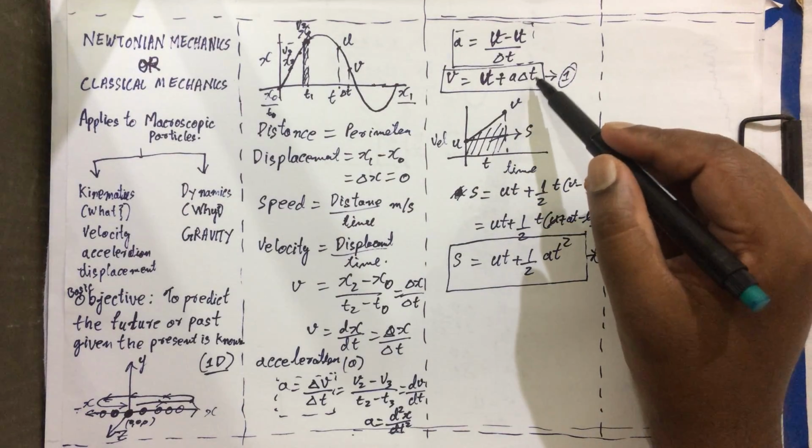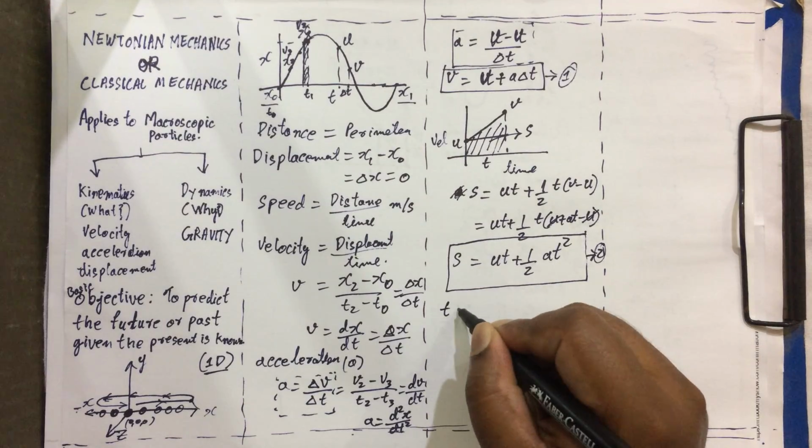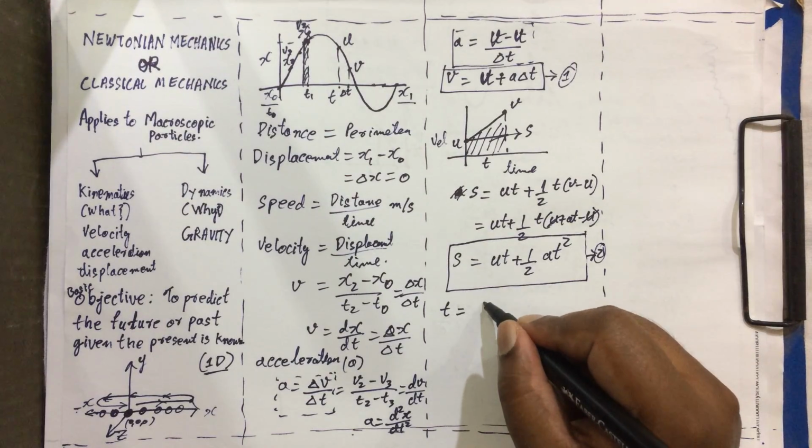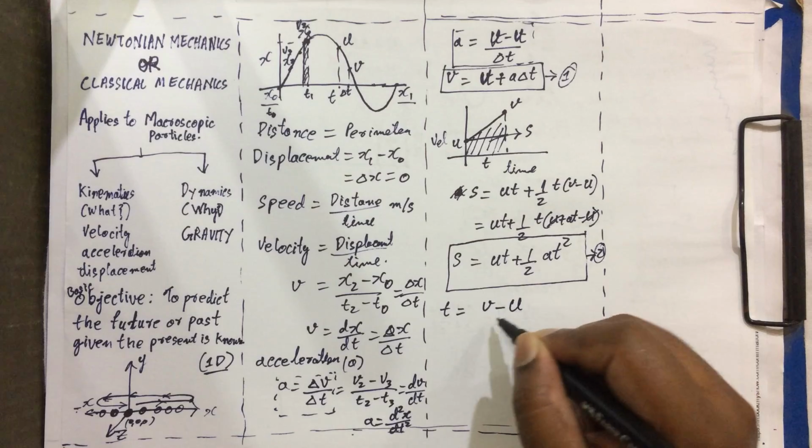Now from this equation we can say time is v minus u by a.